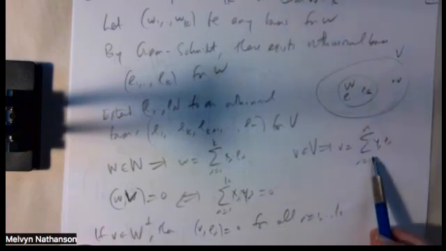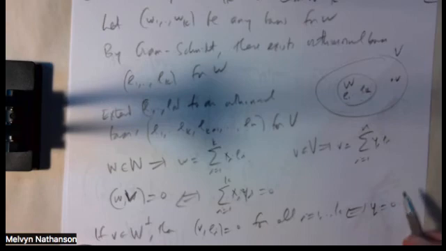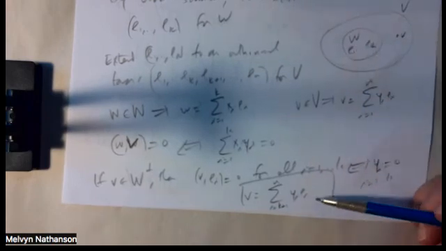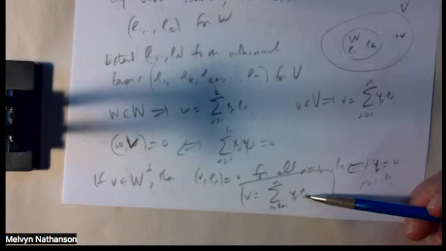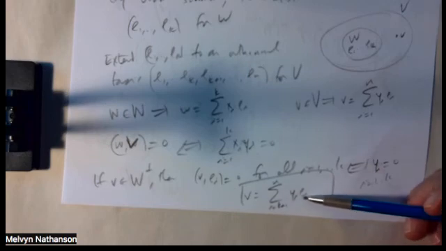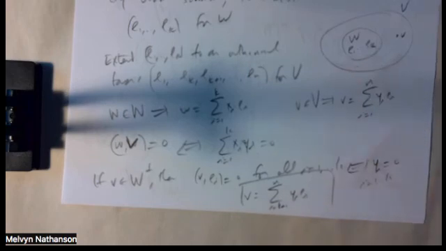But the inner product of v and ei is yi. So yi equals 0 for i going from 1 up to k, which means v is a linear combination of just the vectors from k plus 1 up to n. These are n minus k vectors. So any vector in V perpendicular to W must be a linear combination of these n minus k vectors. And any linear combination of these n minus k vectors is perpendicular to everything in W.